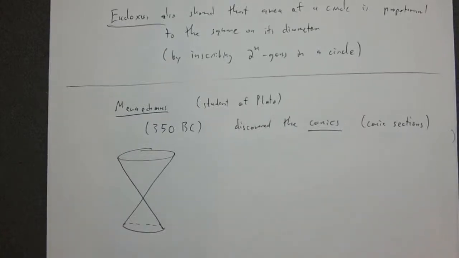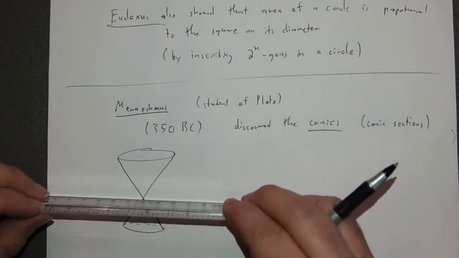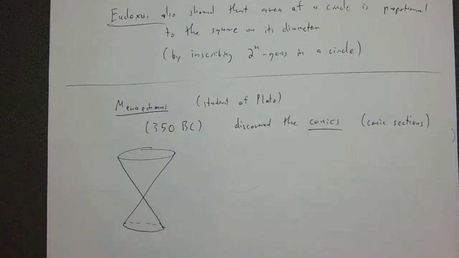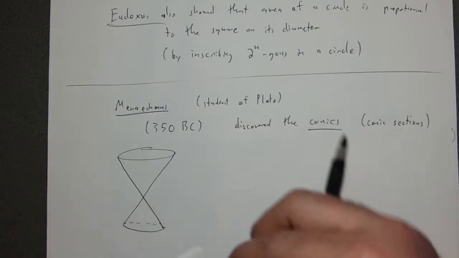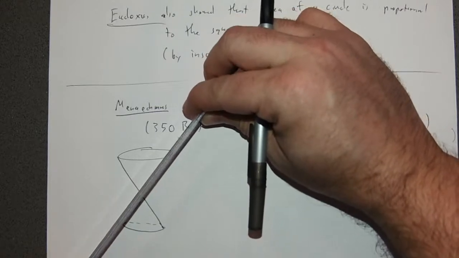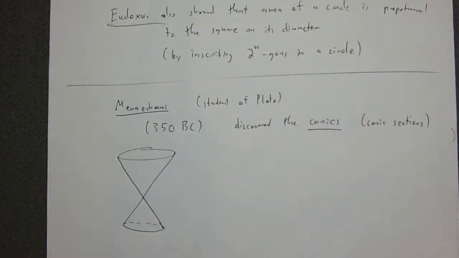Okay, what do I mean? Well, if the plane passes through, if it cuts through that apex point where the double cones meet, that's a point. How do I get a line? A line is when the plane is perfectly tangent to these double cones like this. That intersection would be a line.